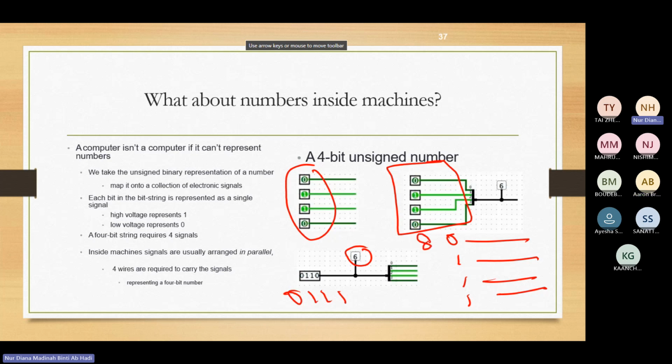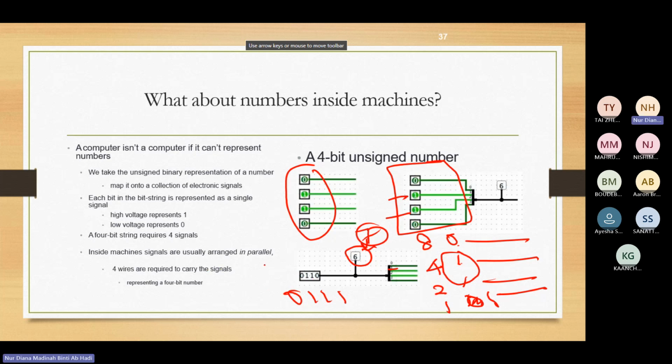Because we have 8, 4, 2, 1. If they say 6, it means that we only turn on this one and this one. If we say 7, we're going to have 0, 1, 1, 1. So here would be 7. Understand?